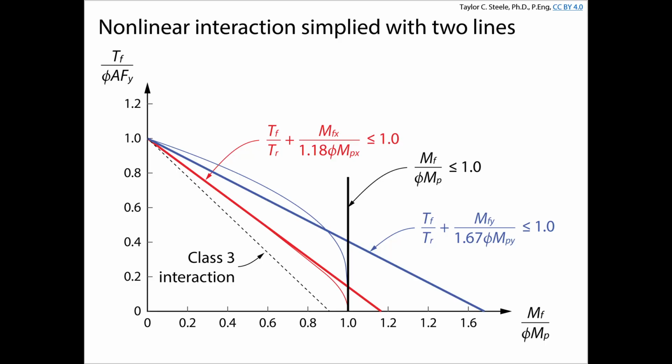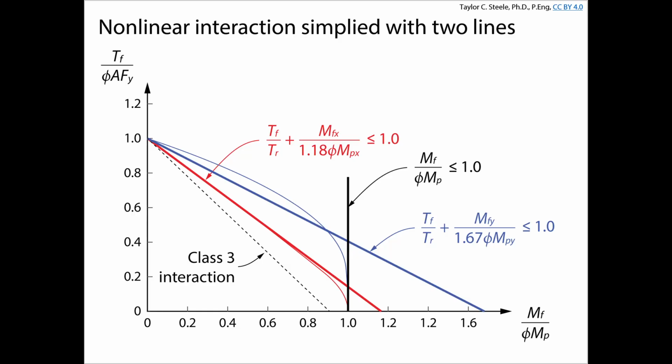If you consider all possible combinations of Mf and Tf and the probability of getting that combination of Mf and Tf that makes this region happen, the probability is acceptably small so that we accept the slightly unconservative result because it's very unlikely to happen in routine practice. So it's not significantly adding to the probability of failure of our structures when we consider all of the other potential sources of error that would cause failure of our structures.